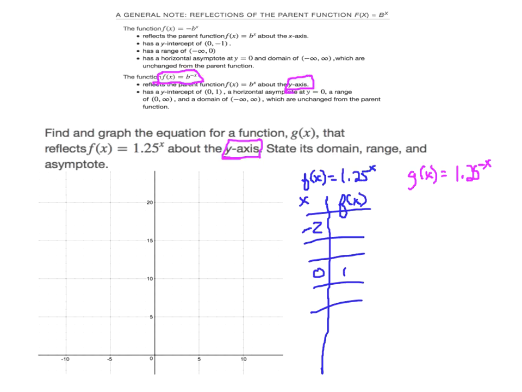All right, I'm going to need my calculator for this because y'all know I don't work in decimals in my head very well. 1.25 raised to the -2nd power is 0.64. 1.25 raised to the -1st power is 0.8. And then 1.25 squared is 1.5625.